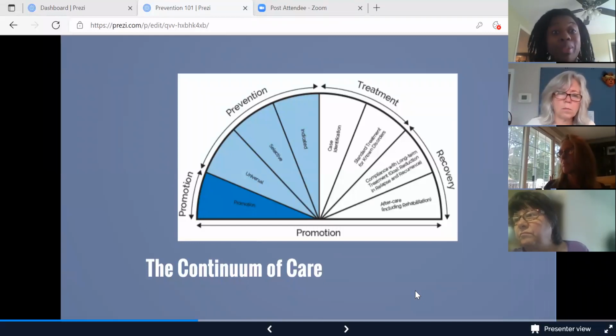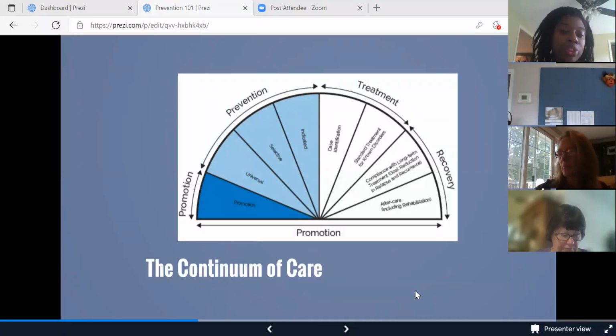Well, the substance treatment stages, because they've already begun using. So as you can see within the different scopes within prevention, there are 3 different types of prevention: universal, selective, and indicated. And we'll go into more of that later in this presentation.